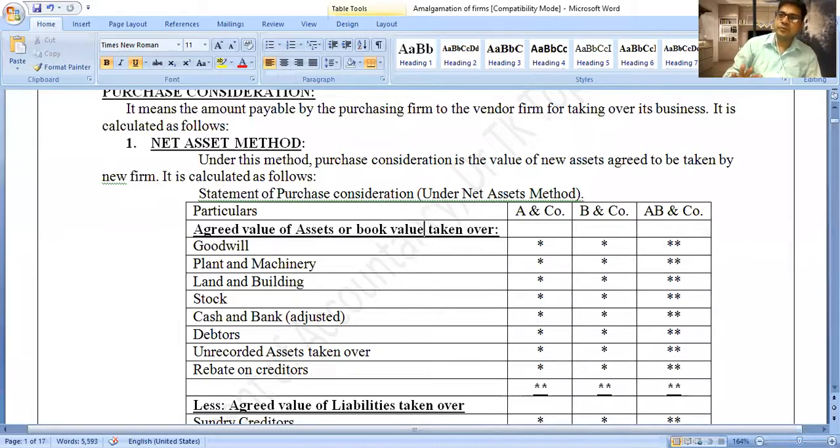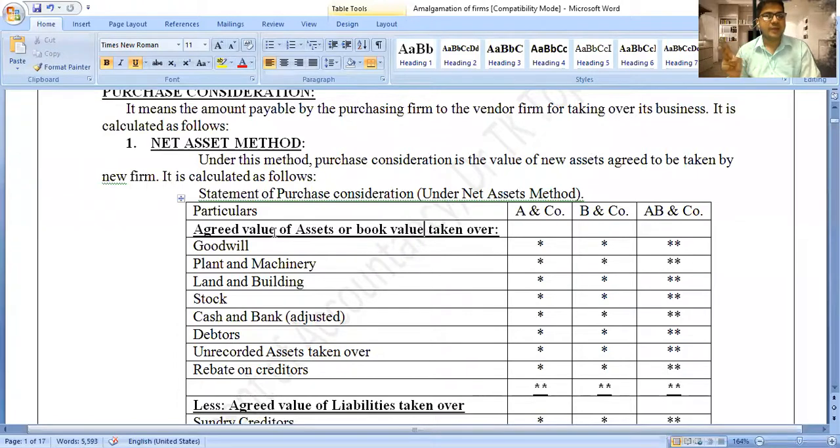Agreed value means the purchasing firm agrees to pay such a value for the asset. So we consider agreed value or book value, whichever is better, and generally they will consider the agreed value.